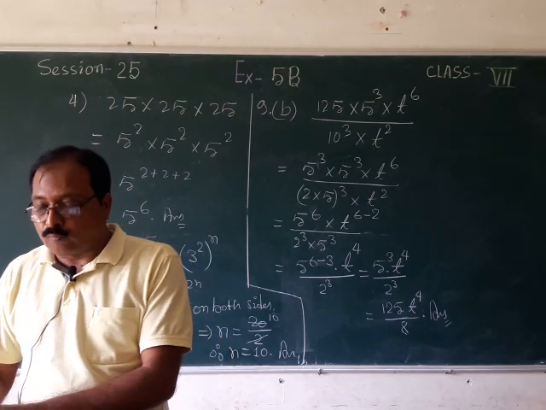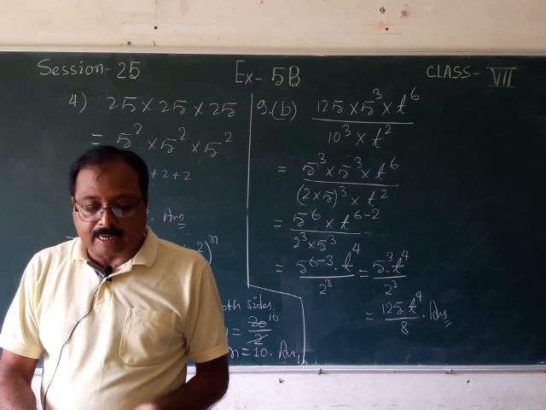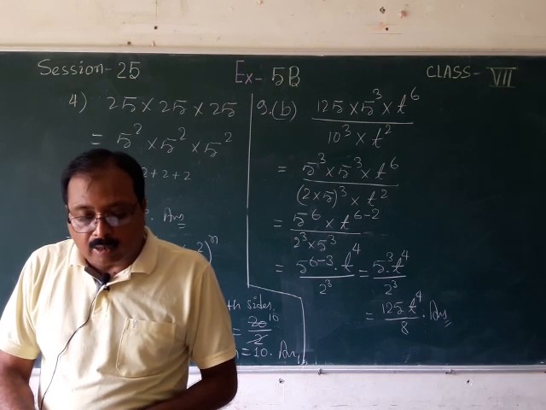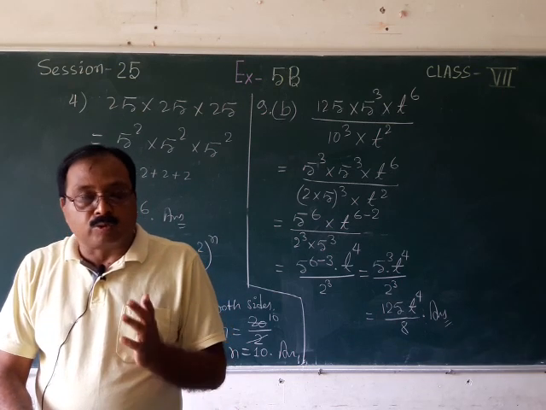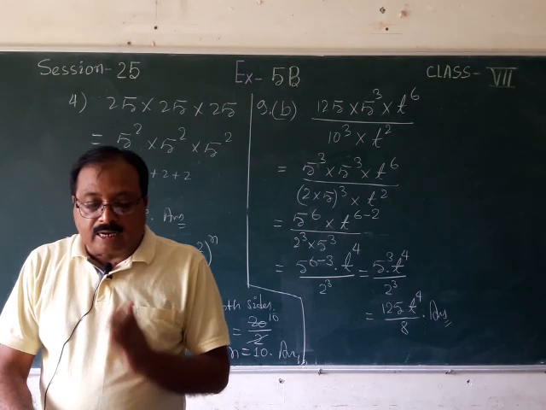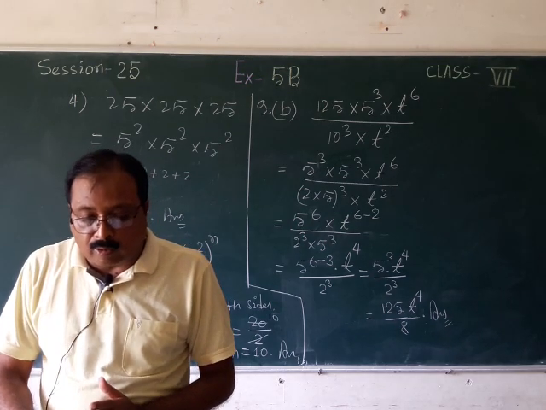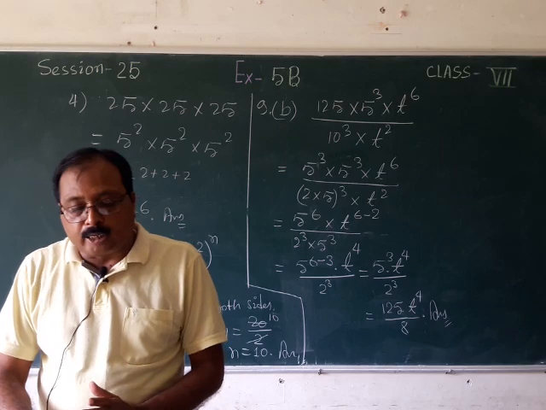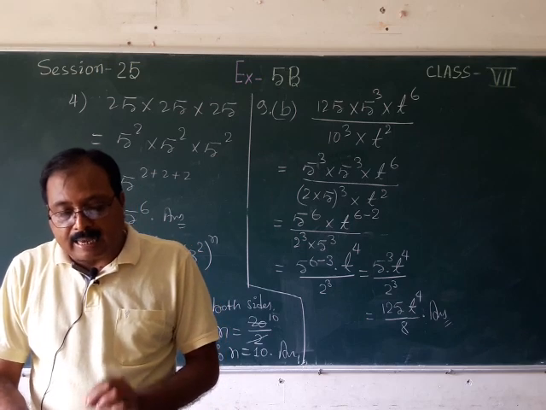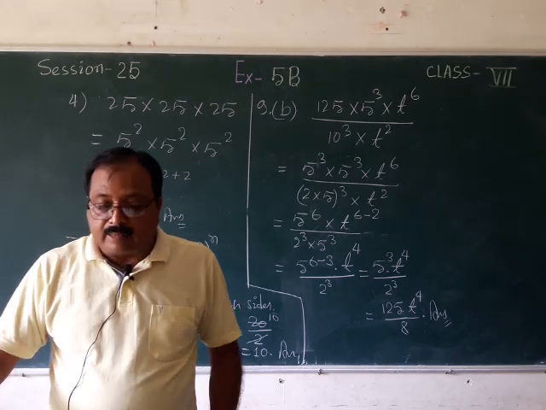So 5B, the remaining sums I am giving you as homework. Now question number 10 also you can see: simplify and express each of the following in the exponential form. That means everywhere the theme is the same.